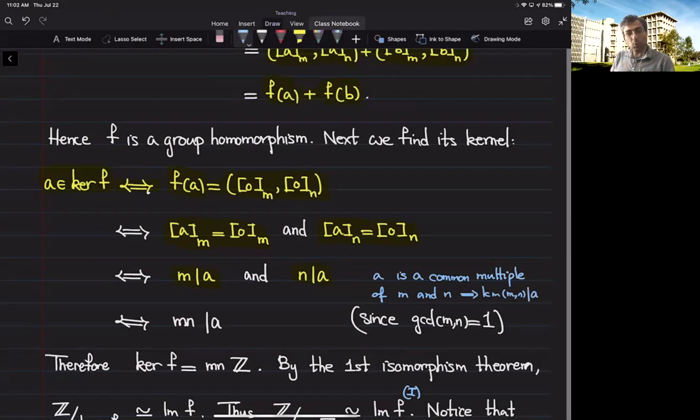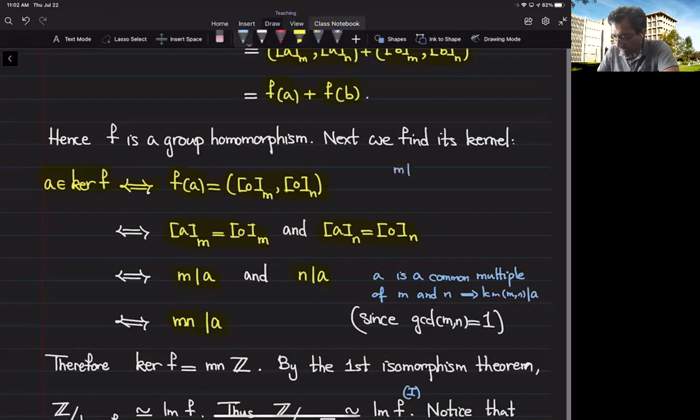And because they are coprime, the least common multiple is the product of the elements. We have seen this using Euclid's lemma. Let me quickly go over the argument on how we can show this result.